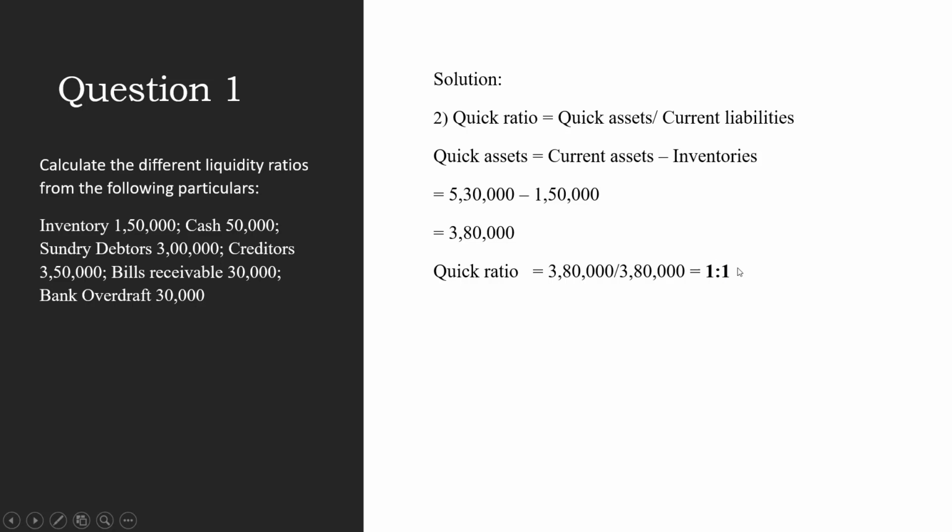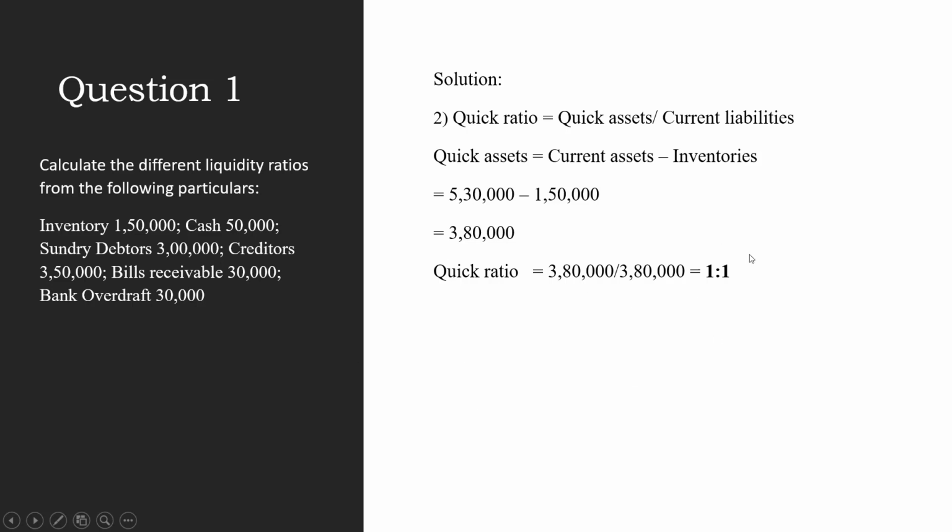That means this is very appropriate for the company to run the business. That means the quick assets are exactly the same as the current liabilities. So if we get this type of values, then we have enough quick assets to pay off the liabilities of the company, or any kind of loans or borrowings they have, the company can pay off easily.